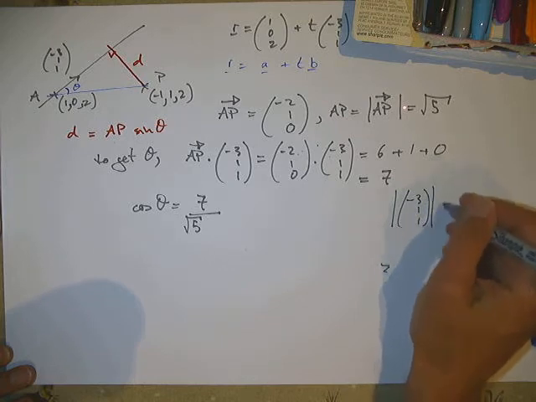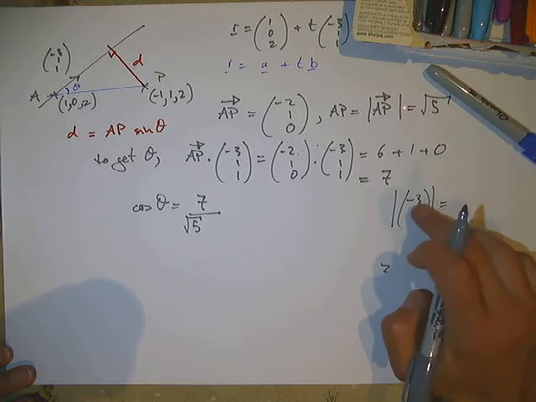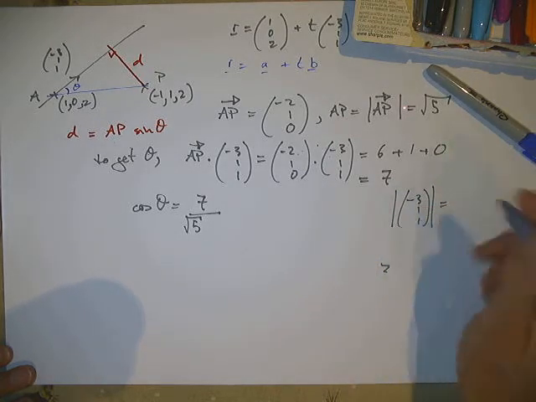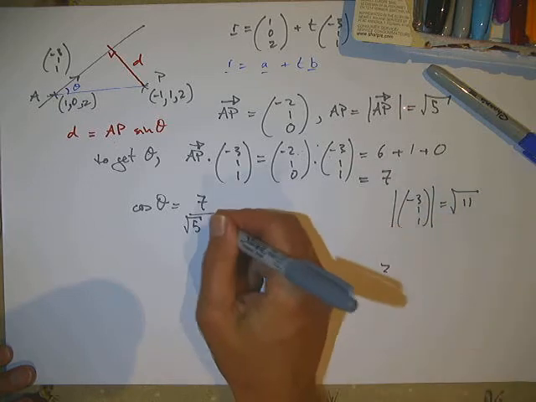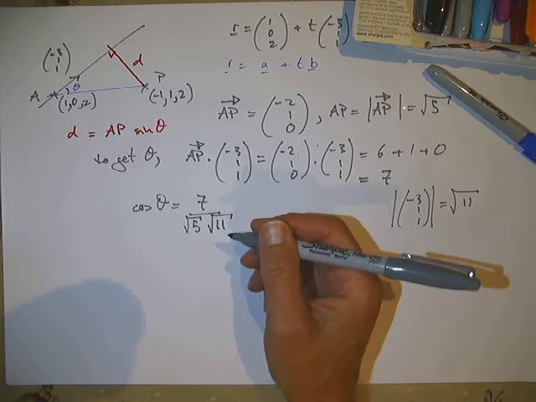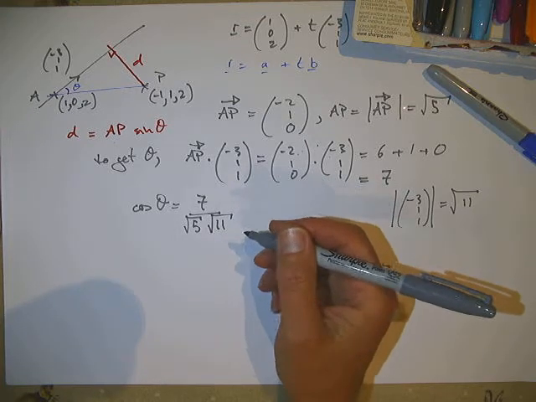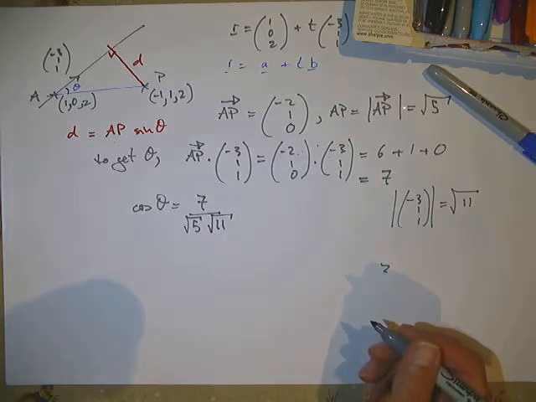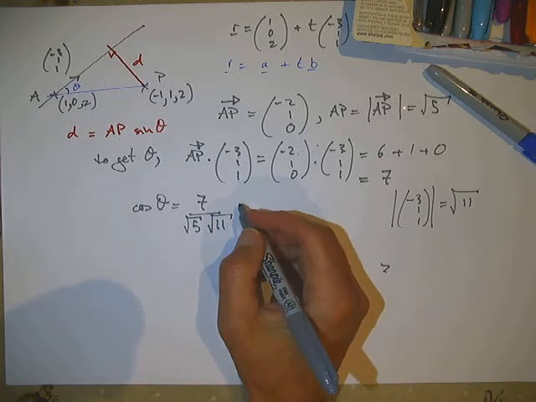I need that length. Square that, 9, 10, 11, √11. Quick look at the question. Do they want an exact answer? They just say an answer, but we might show off here and find an exact one. So cosine theta is that.